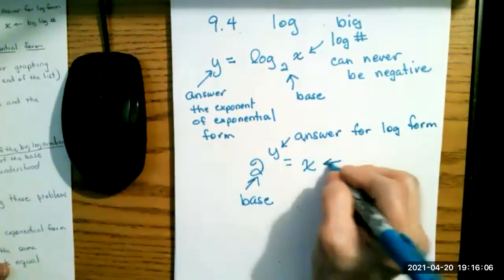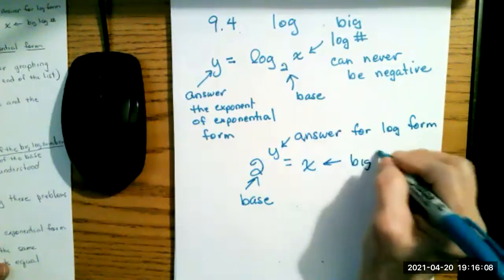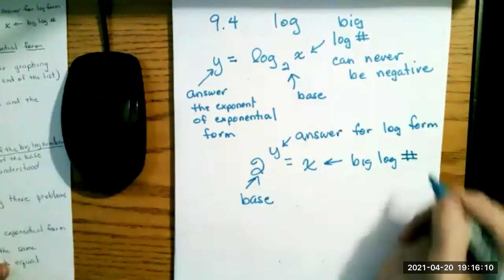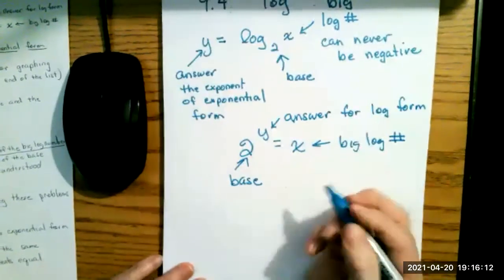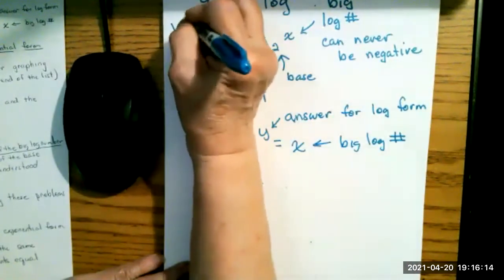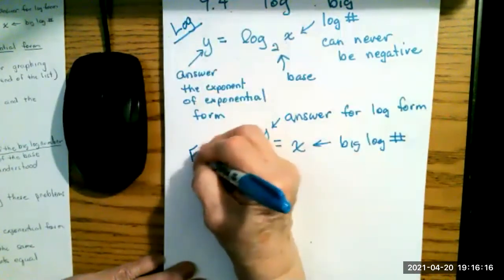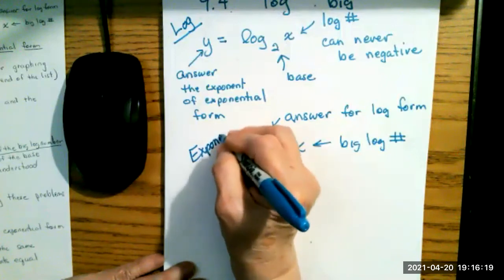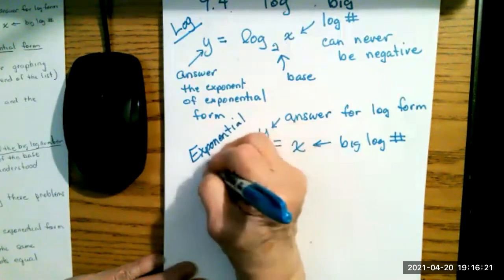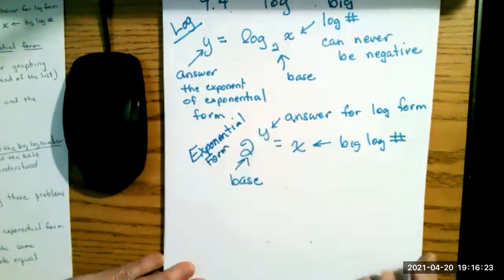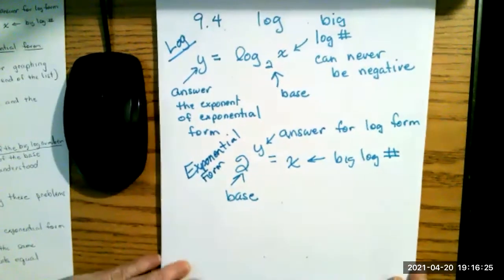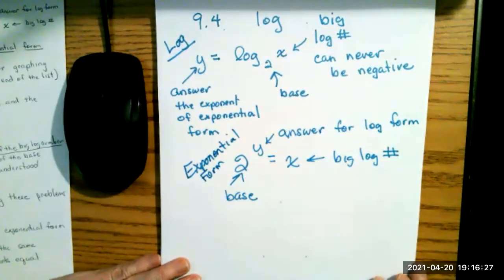And the x is the big log number. So you're going to have to convert these from one form to the other. This is the log form. This is the exponential form. So we're going to convert them back and forth.